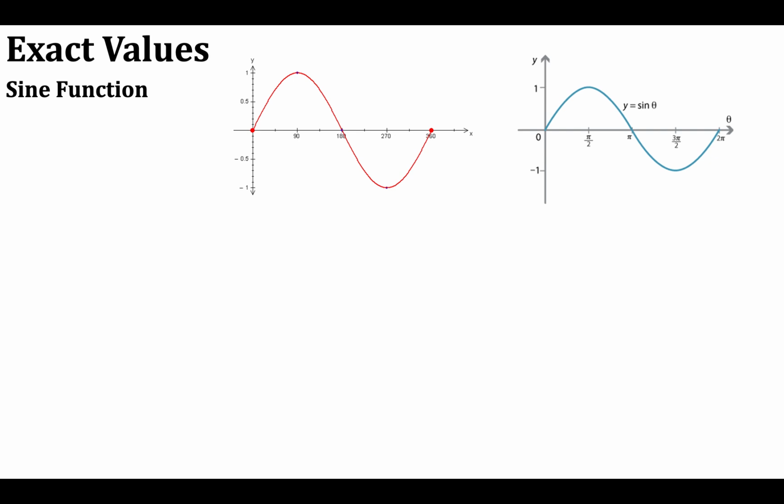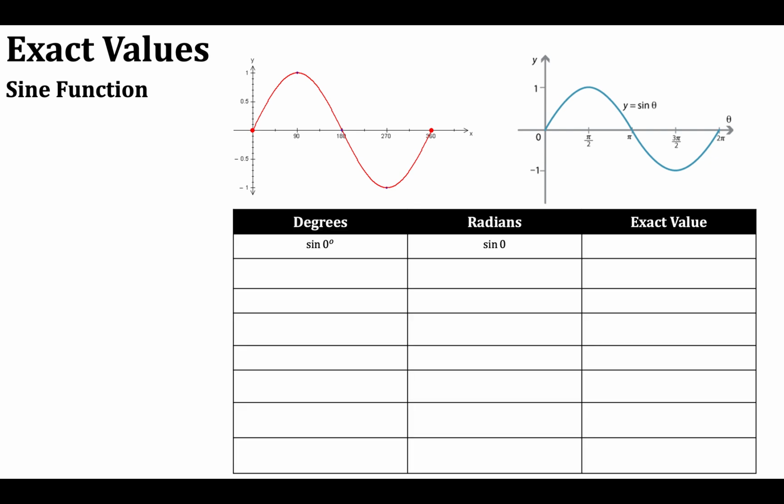So firstly, let's look at some of the values that we already know about, and then we'll go on to look at some that we maybe don't know as much about.